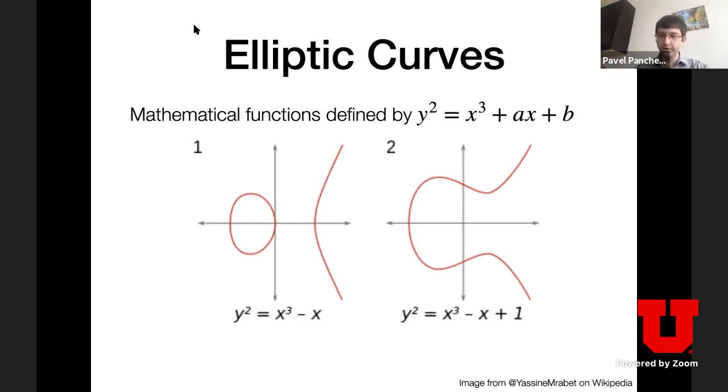And so here are some pictures of elliptic curves. If you just draw them, here's one, here is another. And a weird fact that has been known since the Renaissance is that there is this operation you can do which takes individual points on an elliptic curve and produces new points on the elliptic curve.